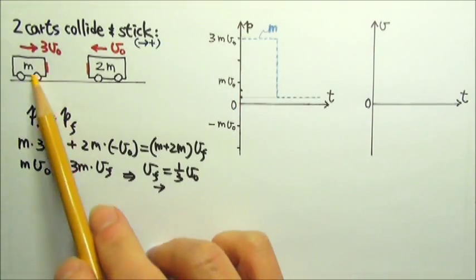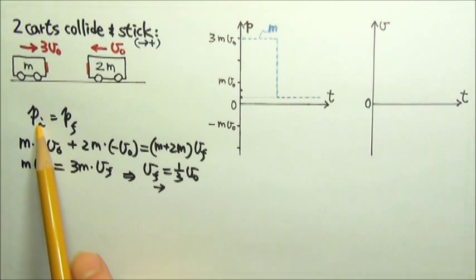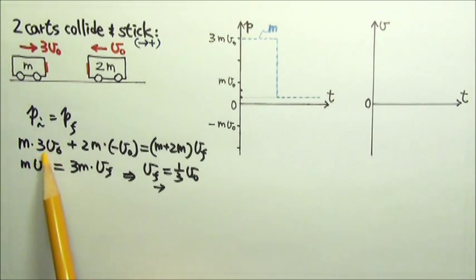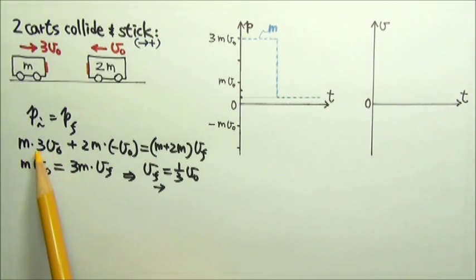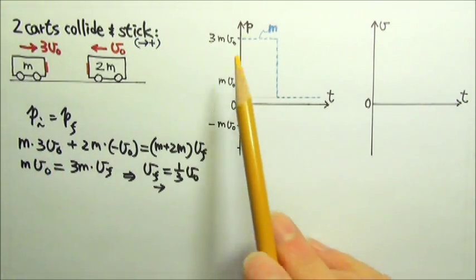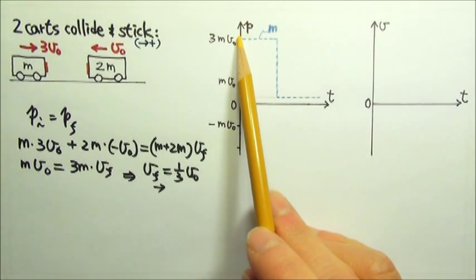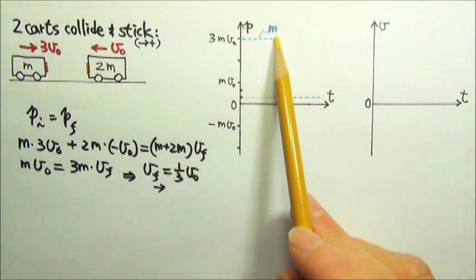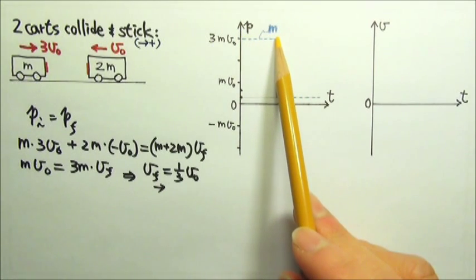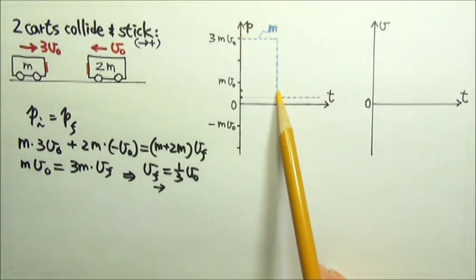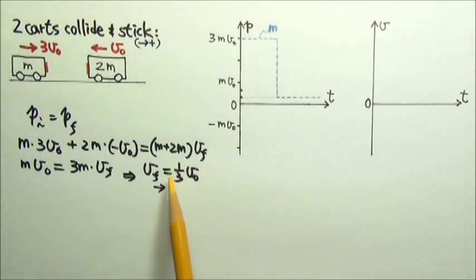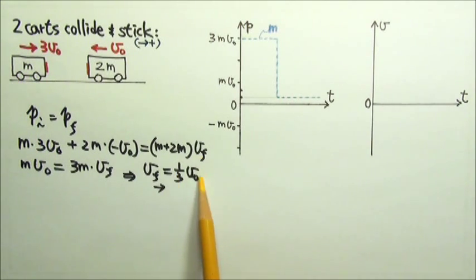Let's start with the 1m. Before the collision, the 1m has a velocity 3v0, so its initial momentum is 3 times m times v0. Assuming the collision happens really quickly, at the end of the collision the momentum changes to the mass times the final velocity.